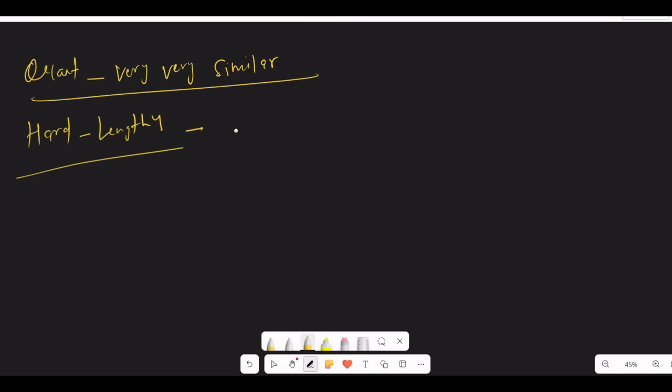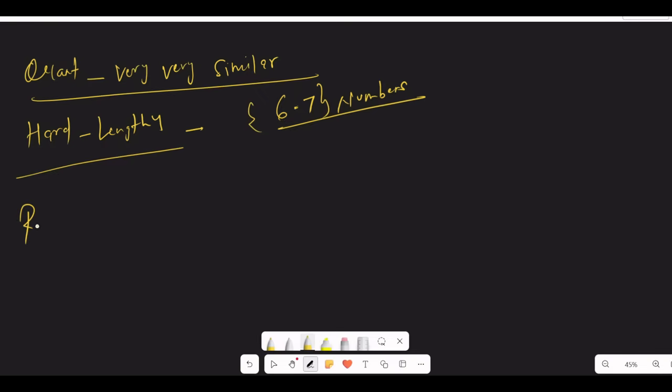What I'm thinking is the cutoff for quant for today will be again around 6 to 7 numbers only, because the quant was hard and lengthy, and from the feedback I got, most of the students did some questions and then did guesswork. So I'm assuming the cutoff will be around 6 to 7 numbers.